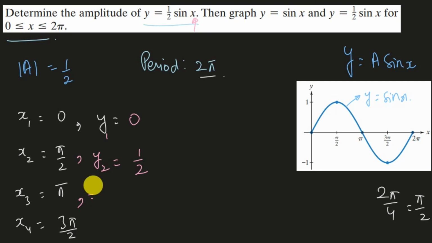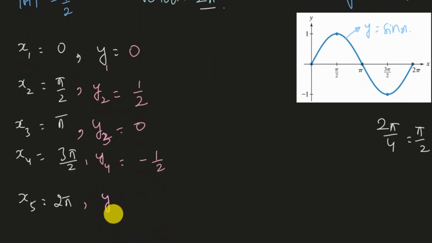Then y3 would be 0 again, because sine pi is 0. Now y4 would be minus 1 over 2. And finally y5 is 0 again.